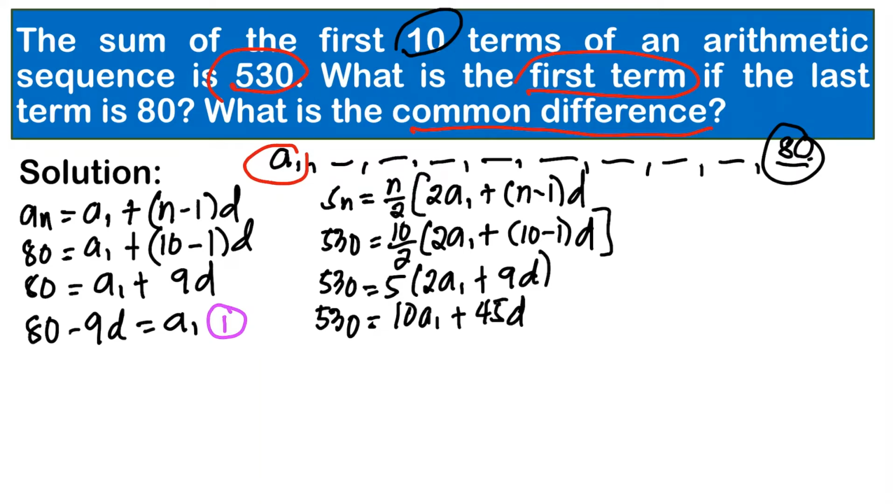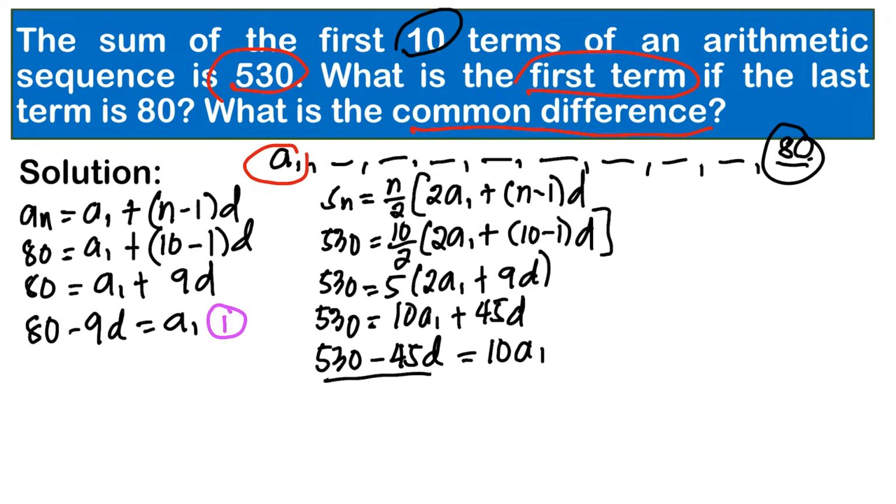Expressing this in terms of a sub 1 again, this will give us 530 minus 45d equals 10 times a sub 1.